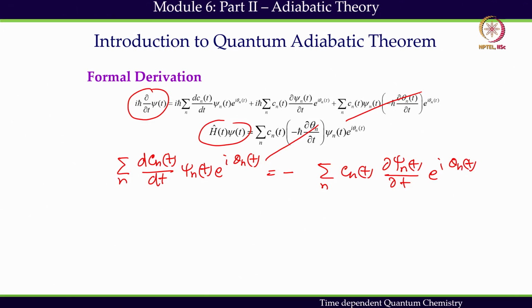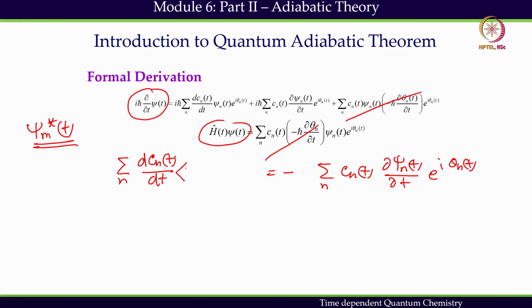and we have to further reduce it, and we will be able to reduce it further by multiplying the entire expression by psi star_m(t) and making use of the orthonormalization condition. So I will multiply this one by psi_m(t). I'll just rewrite this one as follows.